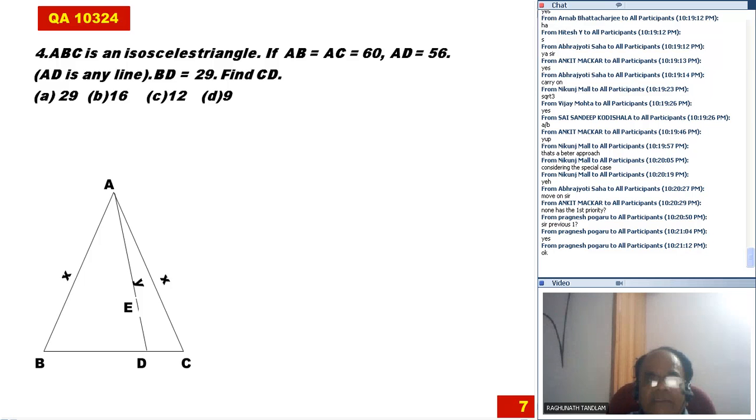ABC is an isosceles triangle. If AB equals AC equals 60, AD is 56, AD is any line, BD is 29, find CD.